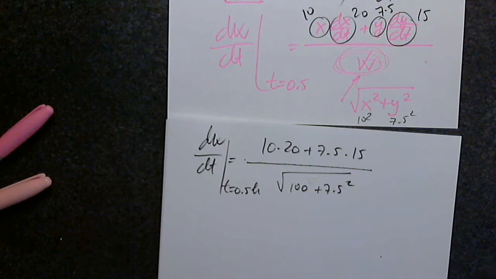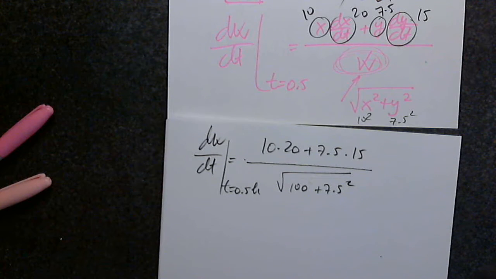In y equals, no, of course not. I got carried away. I was looking at that function. So parentheses are on the top. 10 times 20, I can write 200 for that, plus 7.5 times 15, everything in parentheses, close parentheses, and divided by the square root of, in parentheses please, 100 plus 7.5 squared.